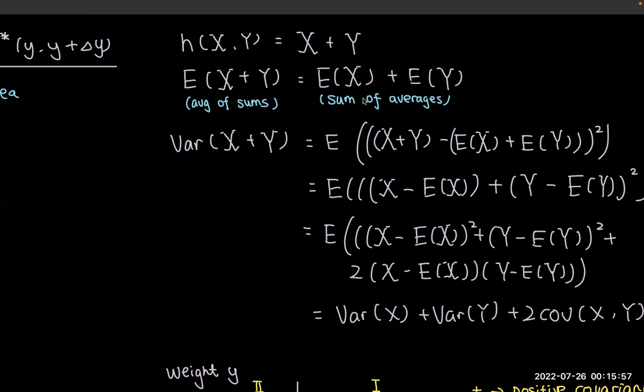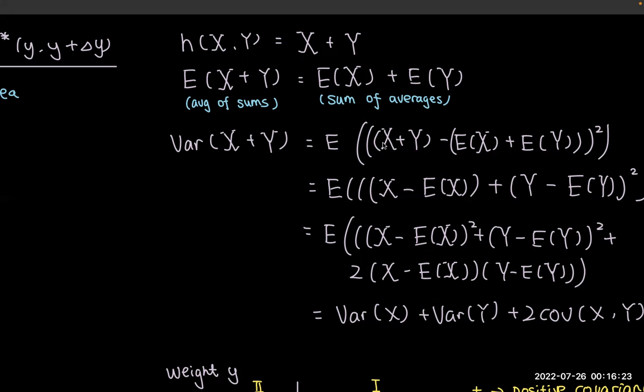So this part is easy to understand, but the variance becomes a little bit tricky. The variance of x plus y is the expectation, the population average, of x plus y minus the expected value of x plus y, which is EX plus EY, and then you square it. This is how we define the variance, the population average of squared deviation from the center.